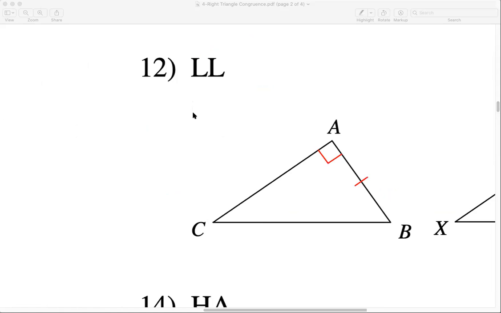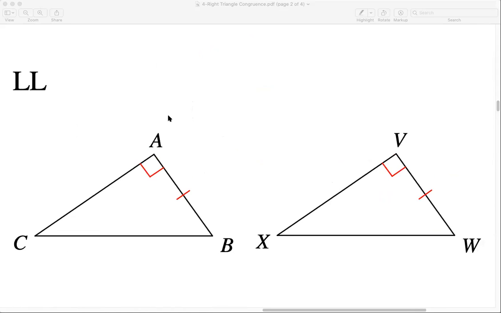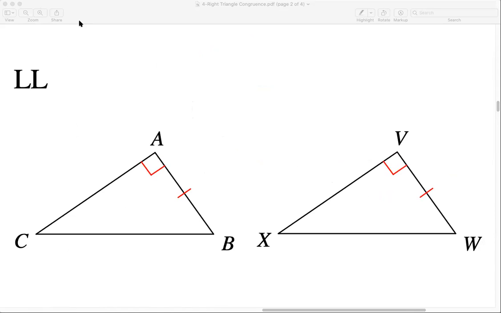Now let's go to the next item, number 12. Using the leg-leg theorem, we're going to determine the missing part to make these two triangles congruent. So we have a leg, and these two triangles are right triangles, by the way. We need to check if they're right first before applying the leg-leg theorem. Since we already found one leg, we need to find another leg.